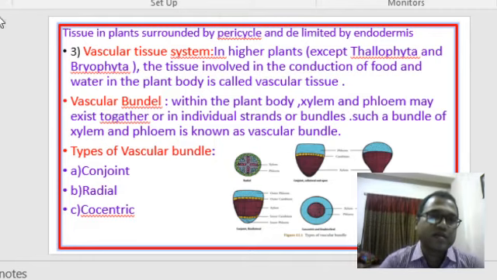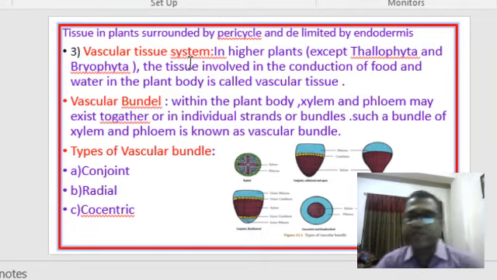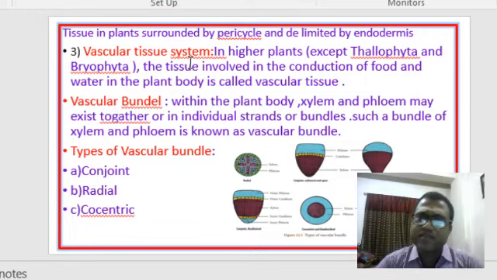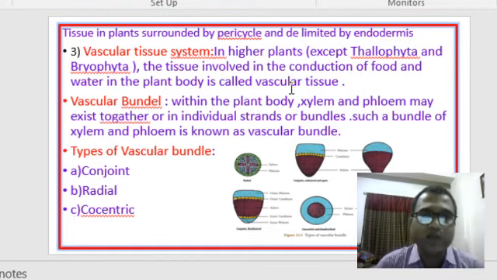Next, vascular tissue system. What is vascular tissue system? This vascular tissue is related with xylem and phloem. In higher plants, except Thallophyta and Bryophyta, the tissue involved in conducting food and water in the plant body is called vascular tissue.